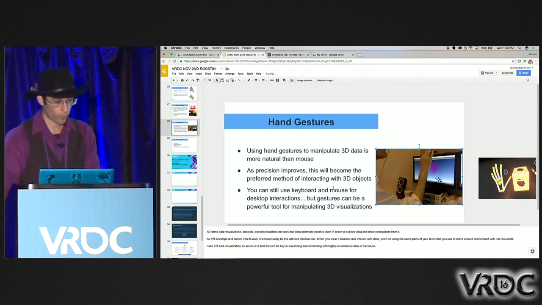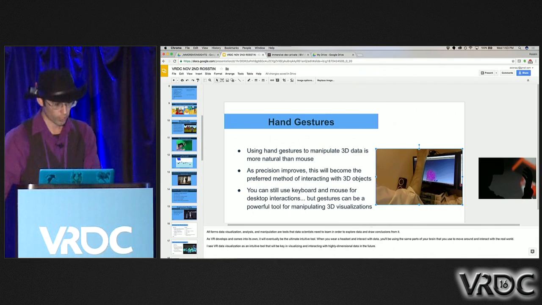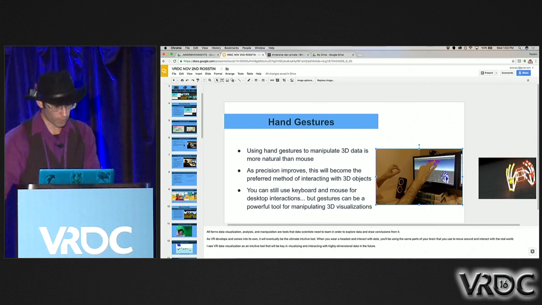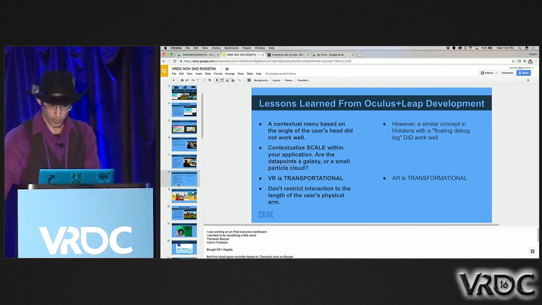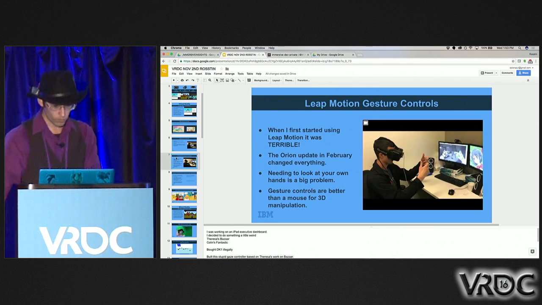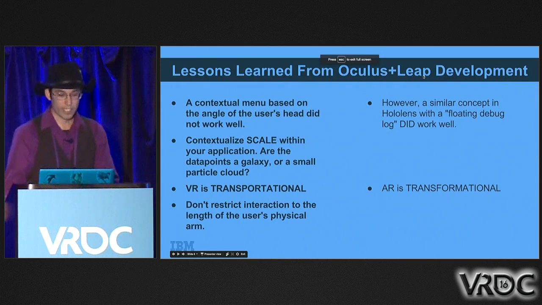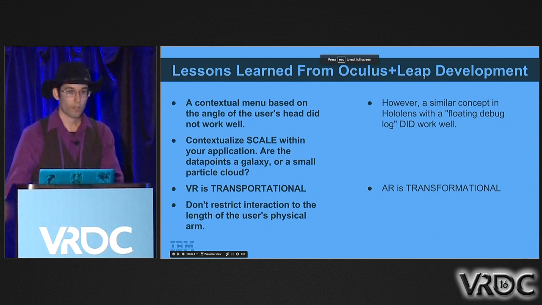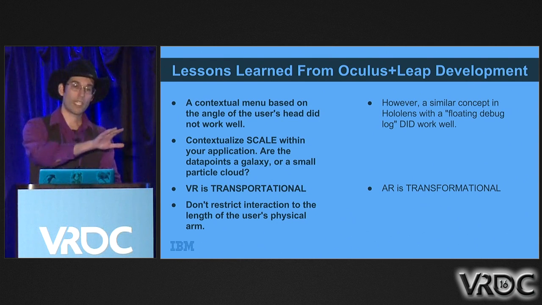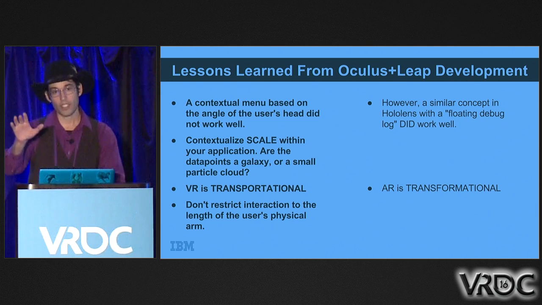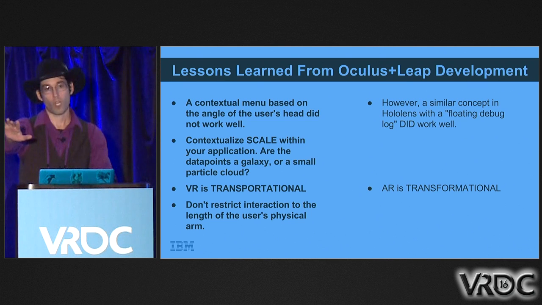And I learned a lot from working with the Leap Motion. Some of the little tidbits I picked up: one of the biggest things I learned was that all the VR at the time was restricted by the length of your arm.